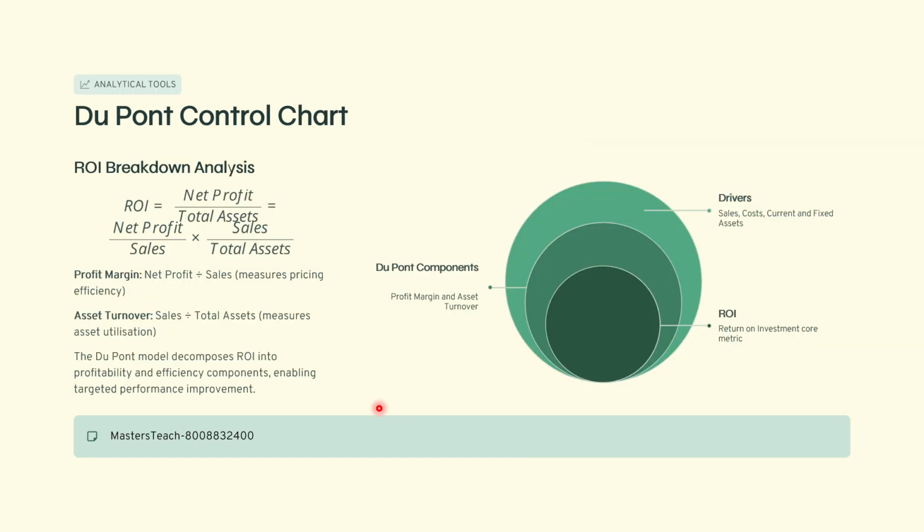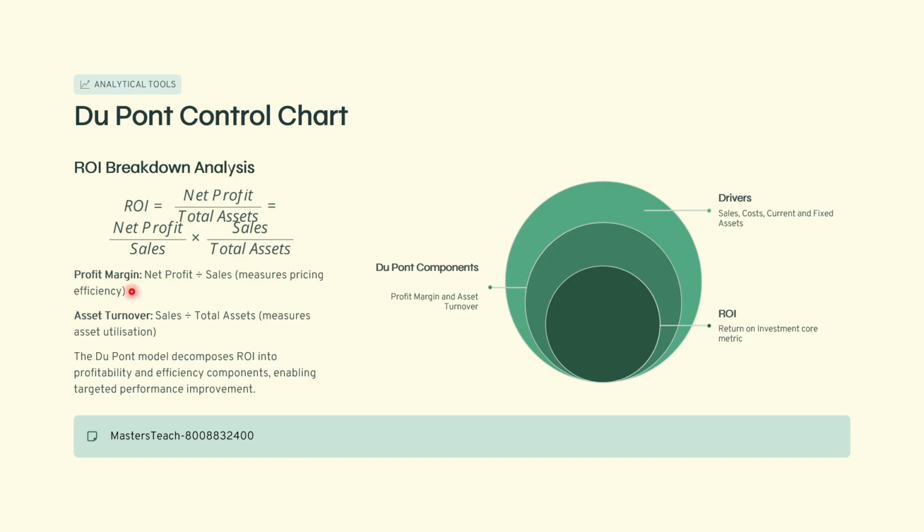So the DuPont control chart. These are the DuPont components: profit margin and asset turnover, then sales, costs, current and fixed assets, and ROI, return on investment, as core metrics. The formula: return on investment equals net profit by total assets, equal to net profit by sales into sales by total assets.